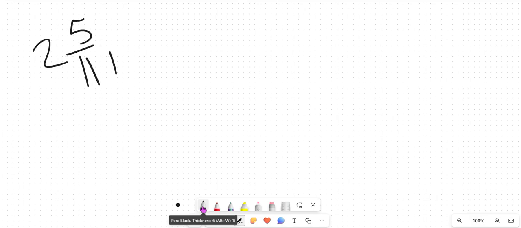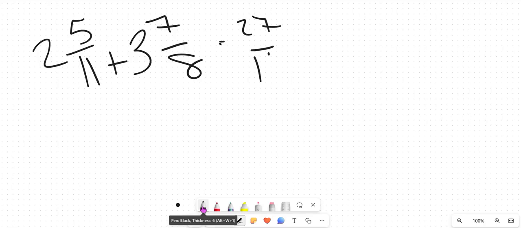For my next problem, I'm going to add two mixed numbers with unlike denominators. So 2 and 5 11ths plus 3 and 7 eighths. 11 times 2 is 22, plus 5 is 27 over 11. 8 times 3 is 24, plus 7 is 31.